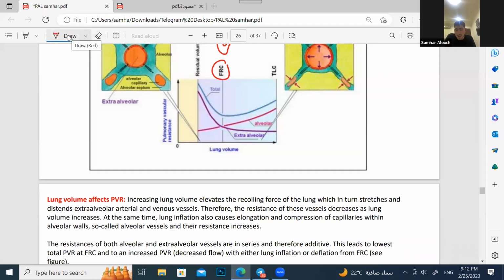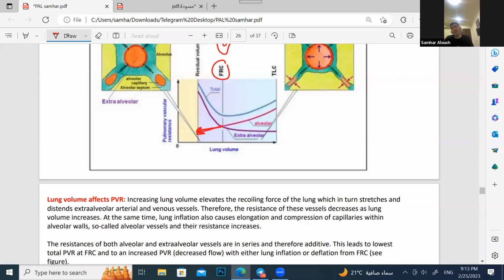If I exhale more, the alveoli will get smaller still, and so the alveolar capillaries will get stretched and their resistance decreases. When I exhale more than normal, because FRC is when you exhale normally, the alveoli get smaller, the vessels get bigger, and the alveolar capillary vessels get vasodilated, so their resistance decreases.